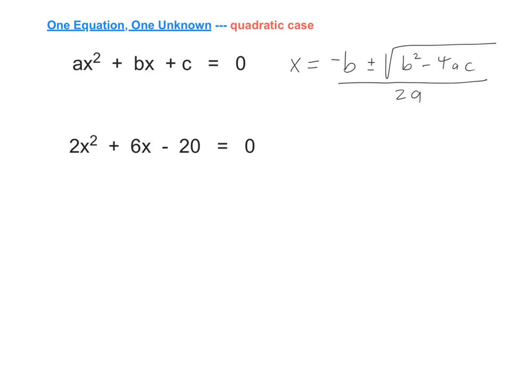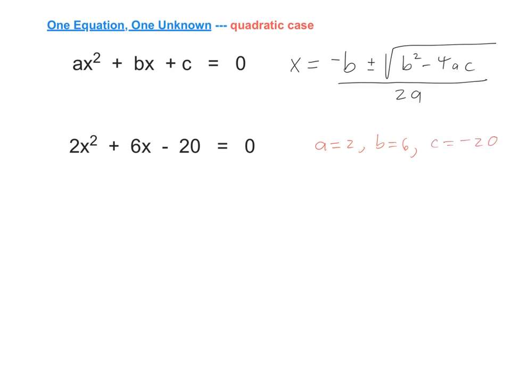Suppose we want to solve the equation 2x squared plus 6x minus 20 equals 0 for the unknown x. In this case, we see that the coefficient a is 2, the coefficient b is 6, and the coefficient c is negative 20.